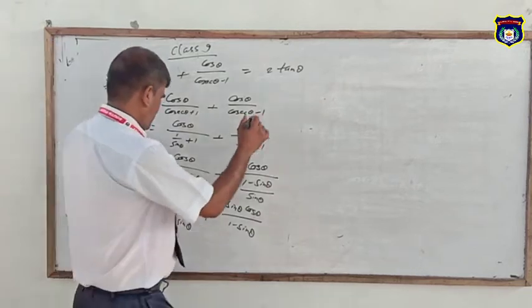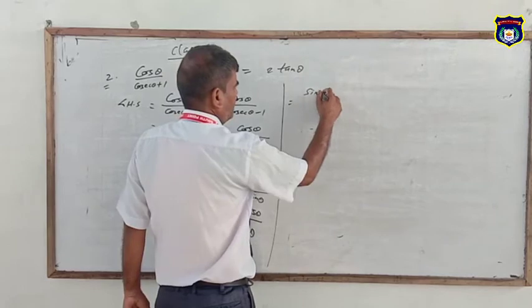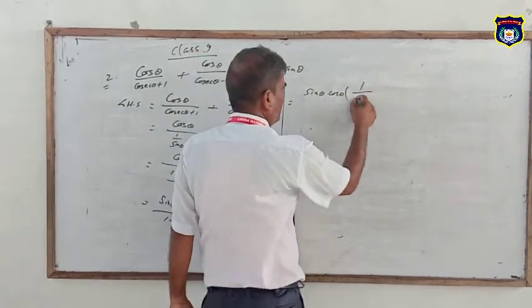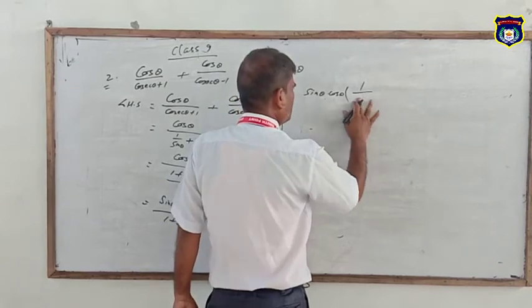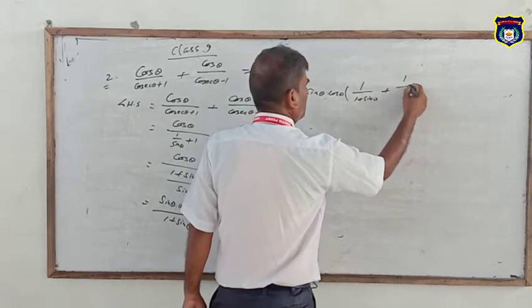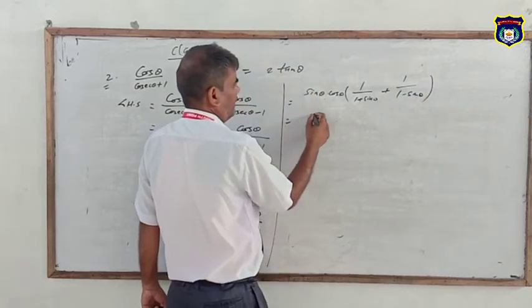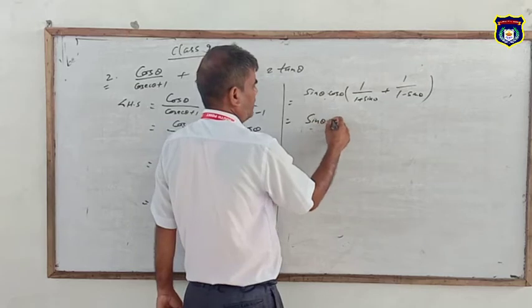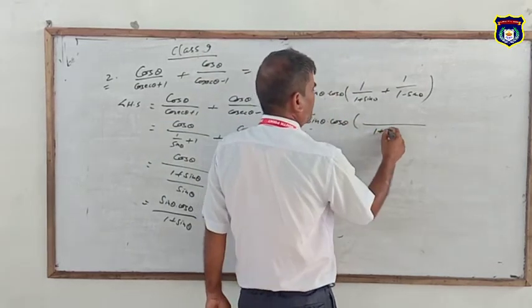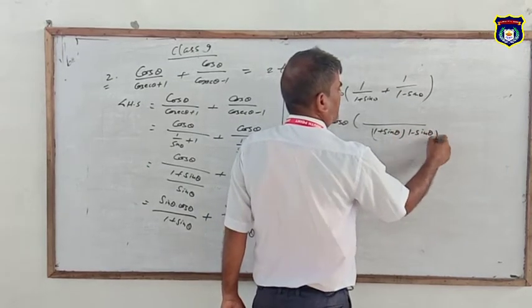Now sin theta into cos theta is common, so this is 1 by (1 plus sin theta) plus 1 by (1 minus sin theta). LCM is (1 plus sin theta)(1 minus sin theta).